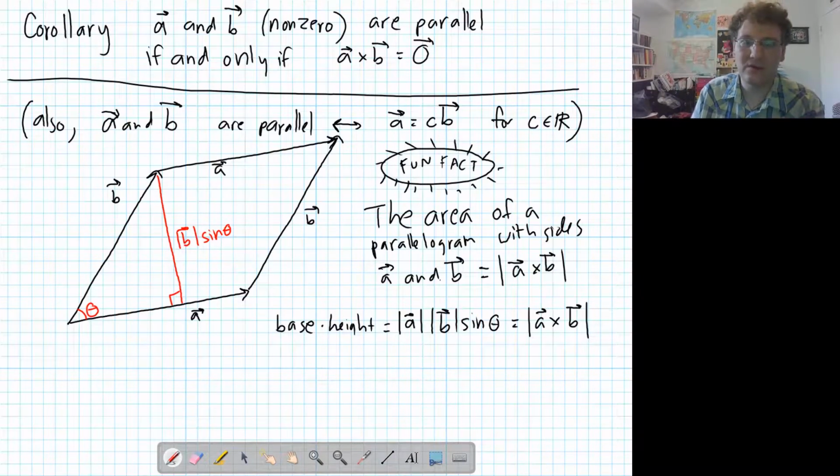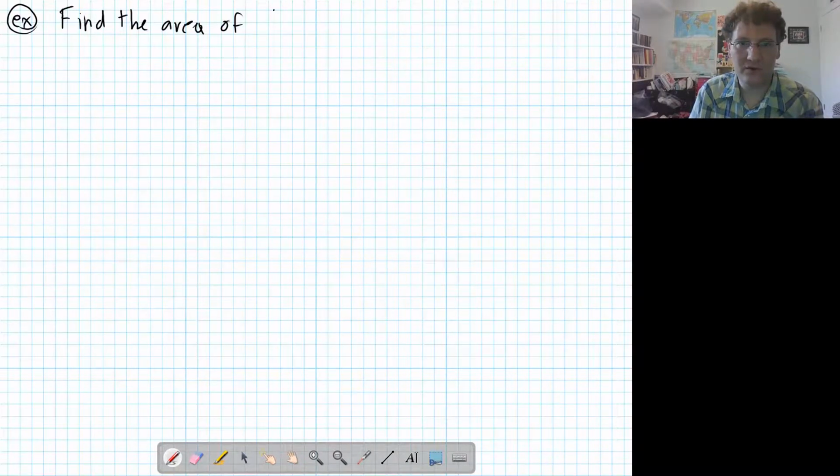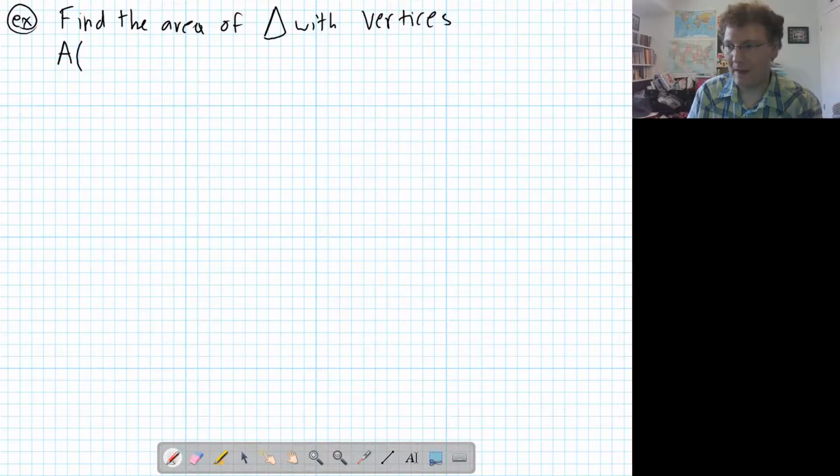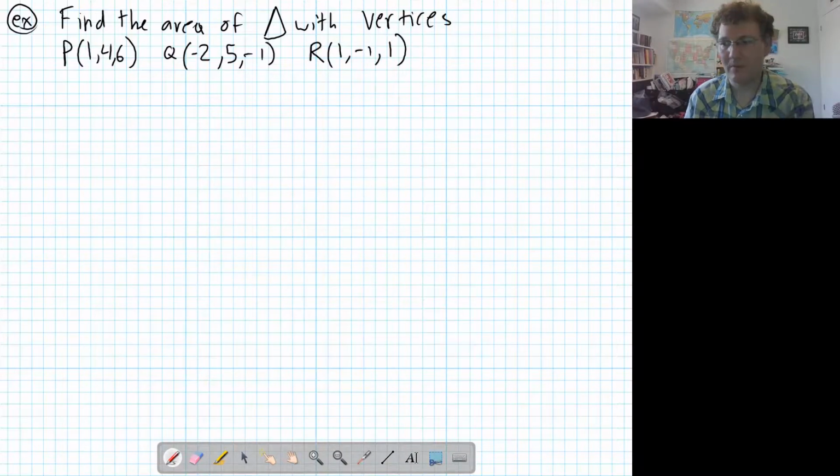So what you can use this for is to find the area of a triangle given 3 points. Let's find the area of a triangle with vertices, I'm going to use P, Q, and R: P (1, 4, 6), Q (-2, 5, -1), and R (1, -1, 1).